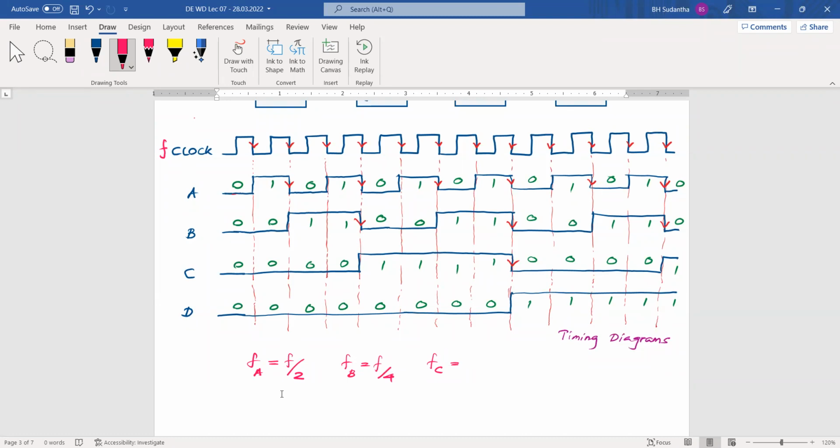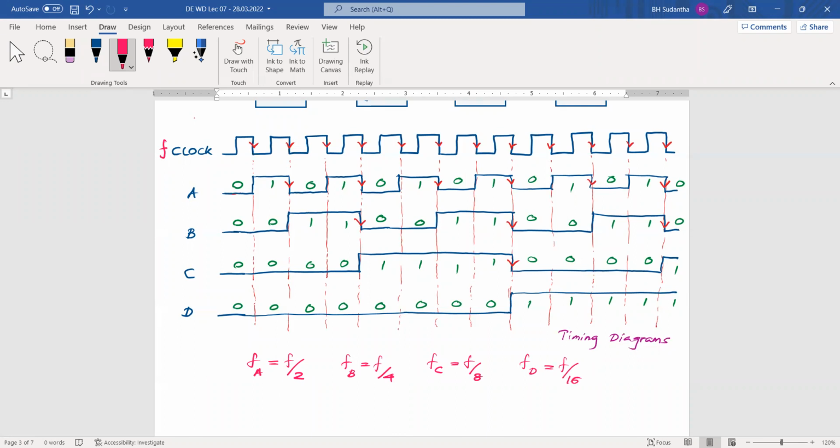For this C, for 1 pulse, we have taken 4 clock pulses. It means the original one has been divided by 8. When you consider the frequency of D, it's divided by 16.